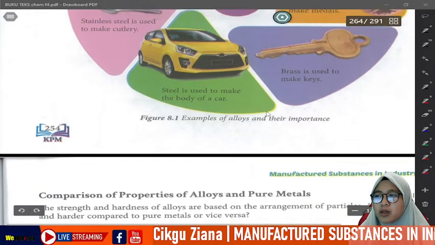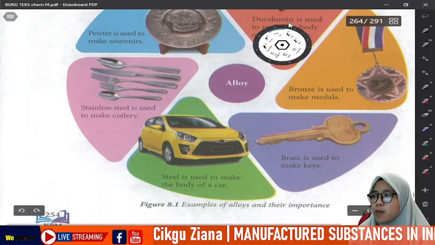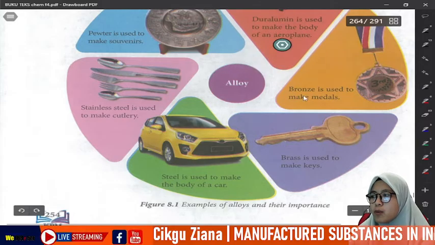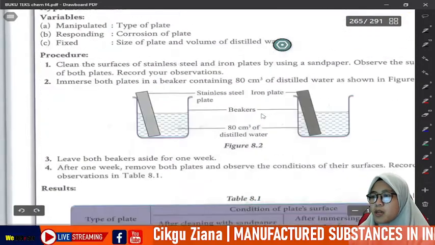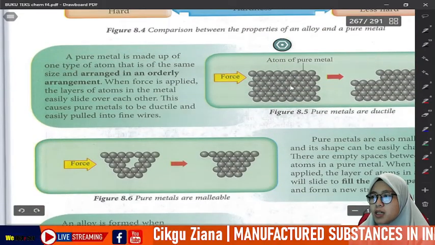Selalunya in a pure metal, kita punya structure adalah seperti ini. This is a pure metal. The same size of the metal, nampak? Same size.